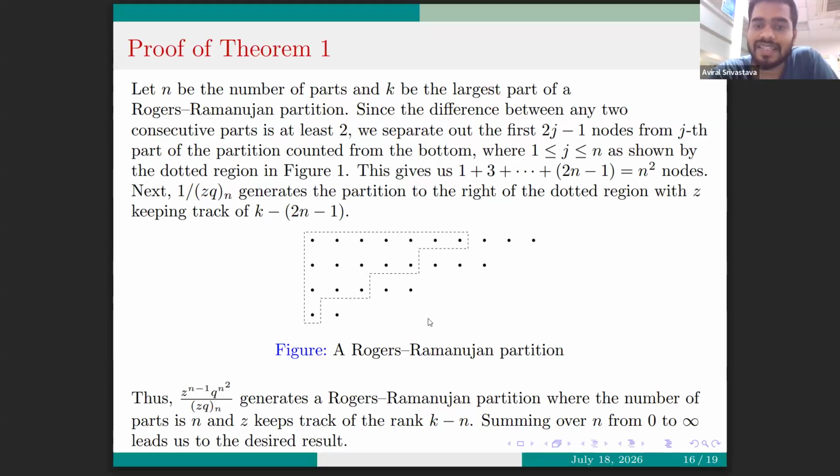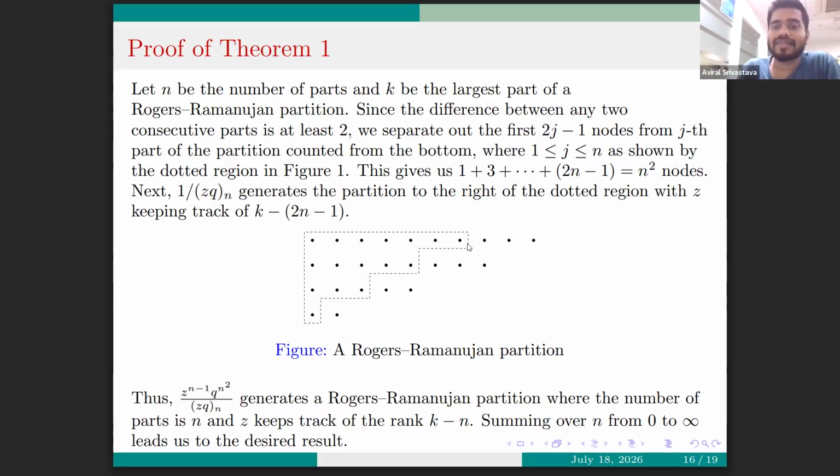Okay. So if we take these nodes and do the conjugation, then this largest part will become the number of parts of this partition. And the number of parts of the conjugate partition will contribute to the largest part of the remaining partition. Suppose you have n parts, then there are 2n minus 1 nodes that are under the boundary.